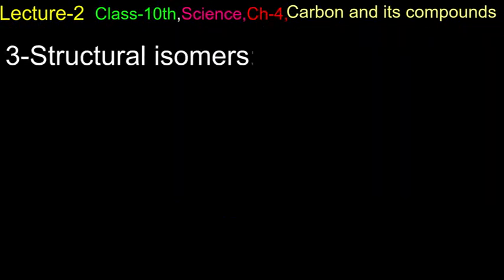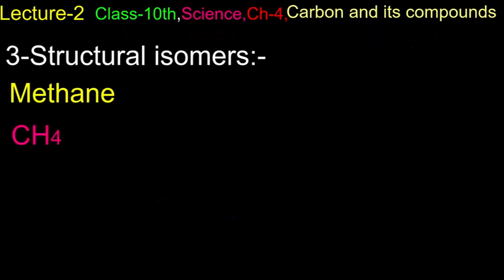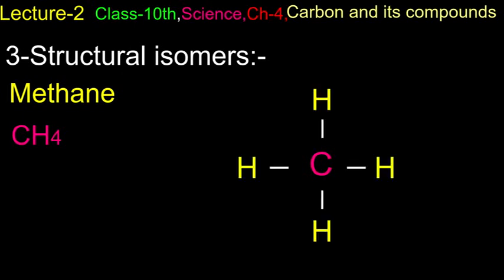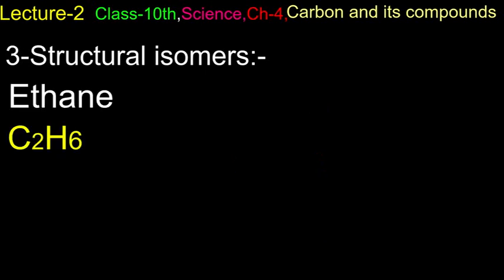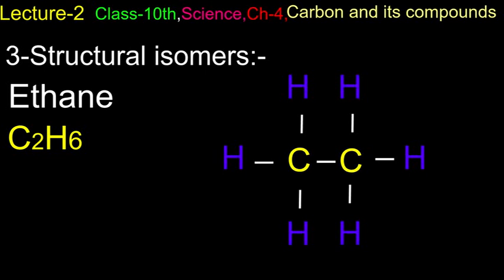Next, I discuss about structural isomers. You look at the following compounds. The first hydrocarbon is methane with 1 carbon atom bonded with 4 hydrogen atoms. No other structure is possible in methane. Next is ethane, 2 carbon atoms bonded with 6 hydrogen atoms. You can see here.